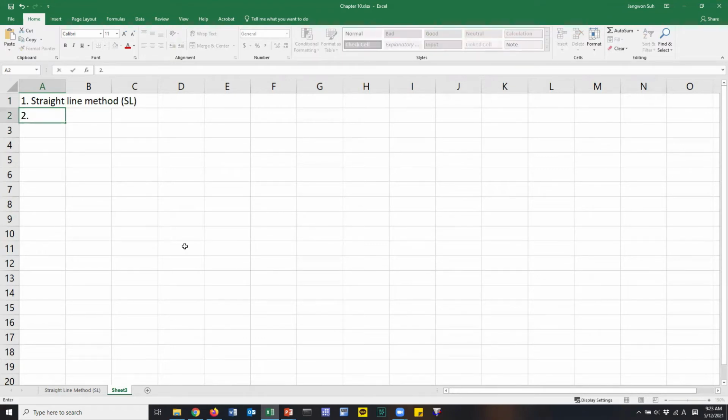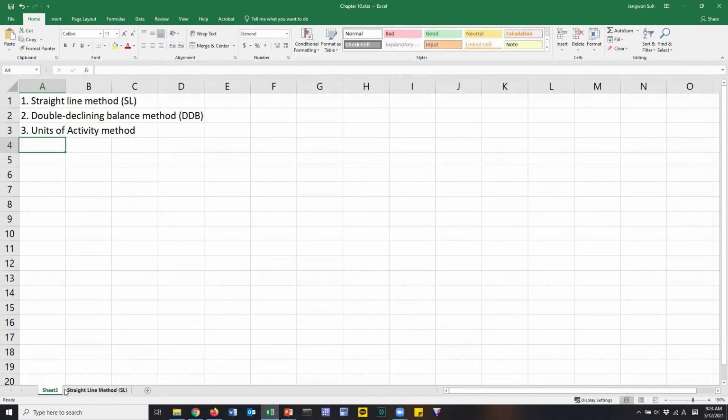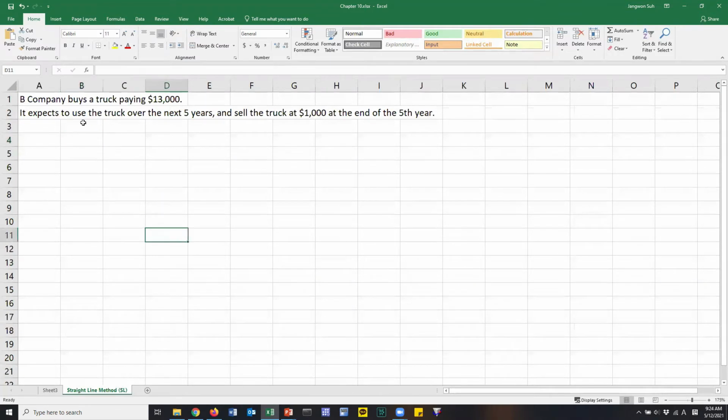The second is the double declining balance or declining balance method, often written as DDB. And the third is the units of activity method. That said, let's have a look at the straight line method.